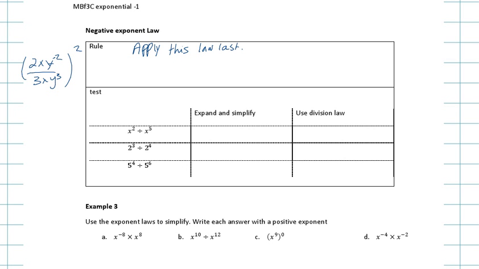Take the base with negative power and switch its placement. So if it's in the numerator, you take it down to the denominator.